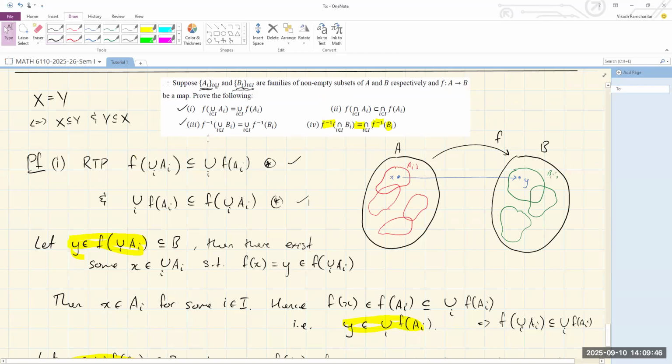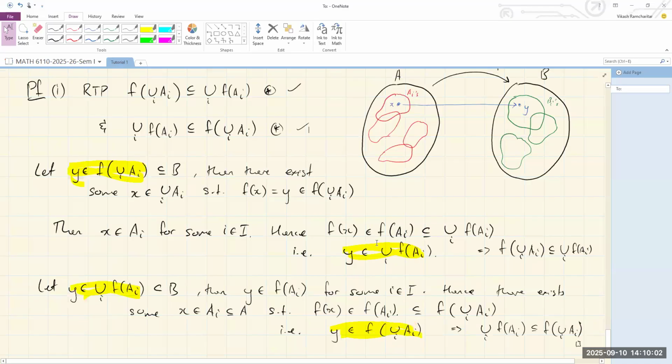Okay, so now let's show number 3, which is f inverse of the union of Bi is equal to the union of f inverse of Bi. So it's the same thing, but, again, I shouldn't say inverse, but pre-image. It's the same thing, but for the pre-image.